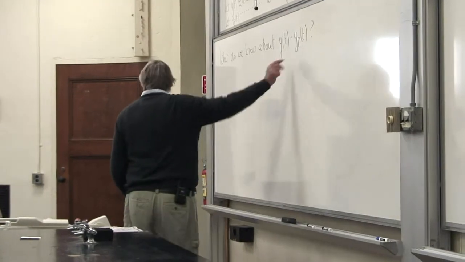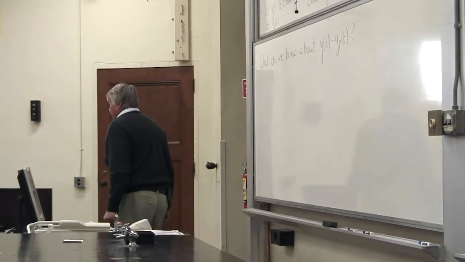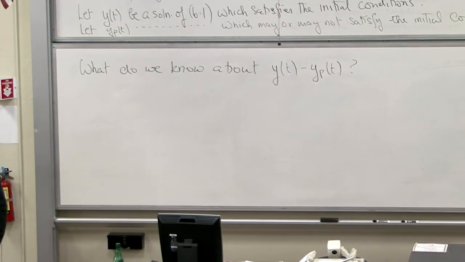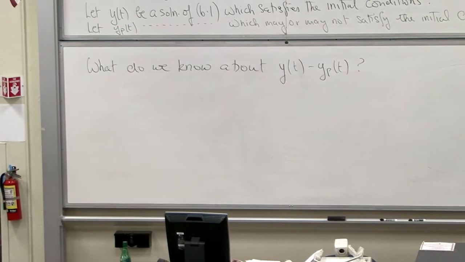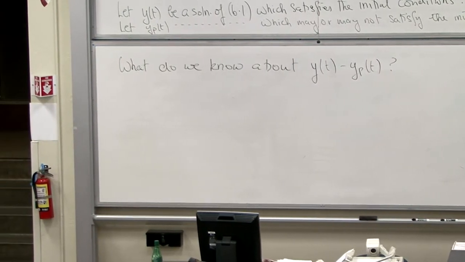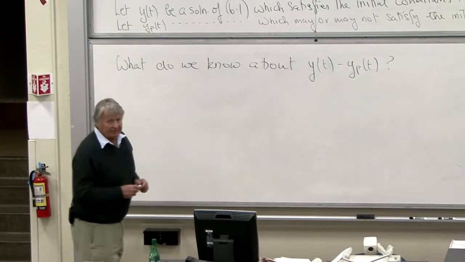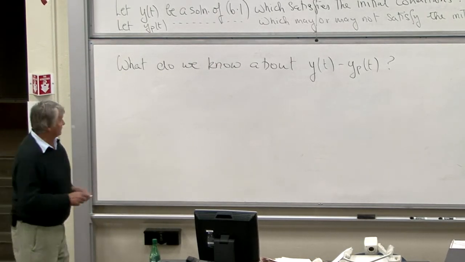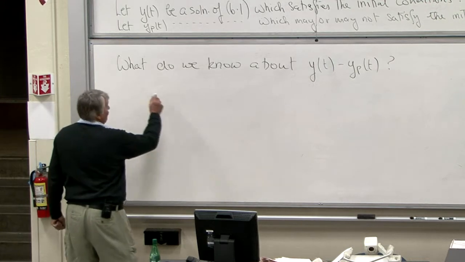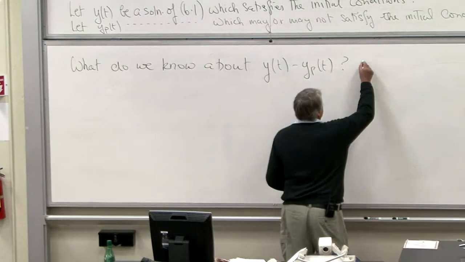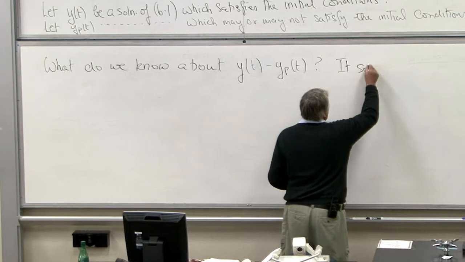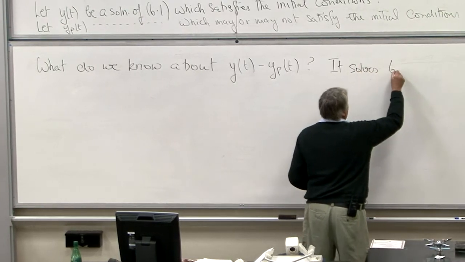Now, what do we know about the difference of those two solutions? Yes? It solves 6-2. So this satisfies the homogeneous equation. So it solves 6-2.